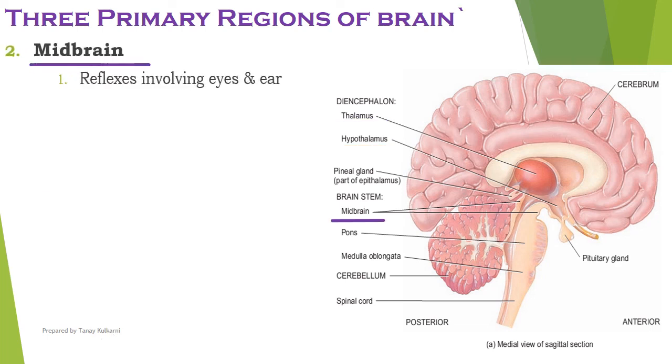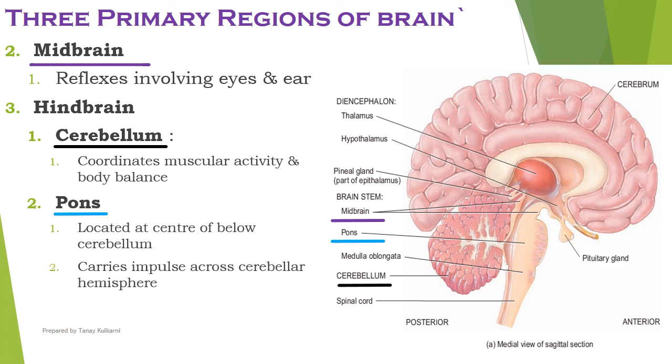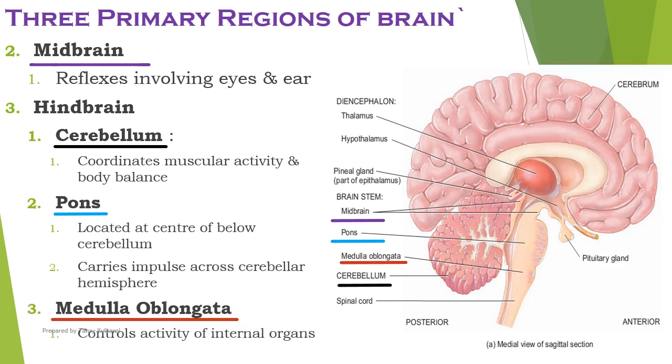Next is midbrain. Midbrain controls the reflexes involving eye and ear. Hindbrain contains cerebellum, pons and medulla oblongata. Cerebellum, as you know, coordinates the muscular activity and body balance.